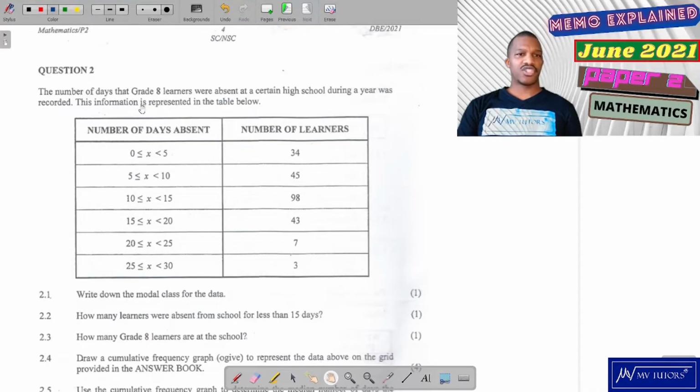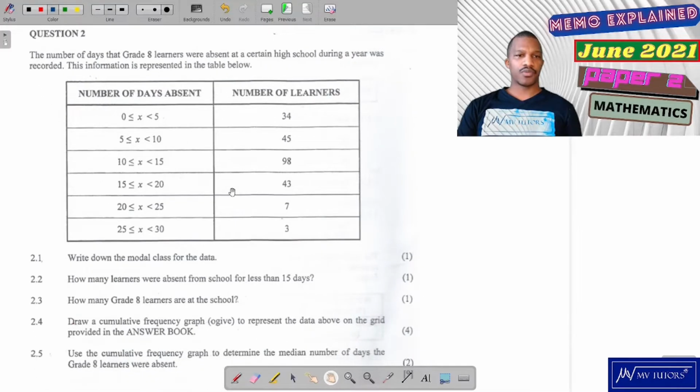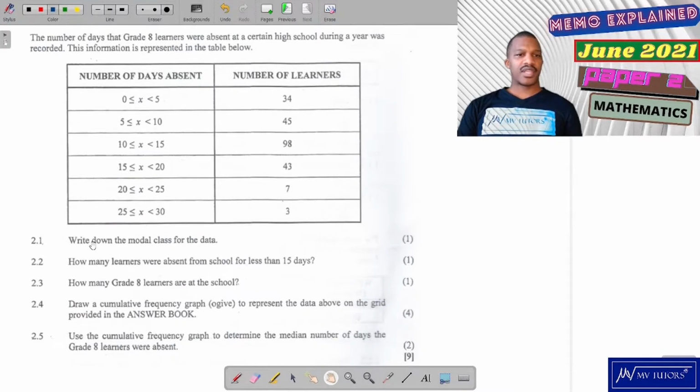This information is presented in the table below. We have number of learners here, and then number of days absent. They give us ranges from 0 to 5 up to 25 to 30.